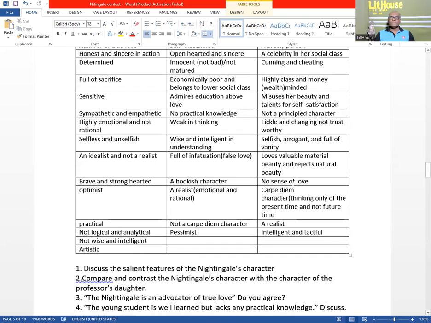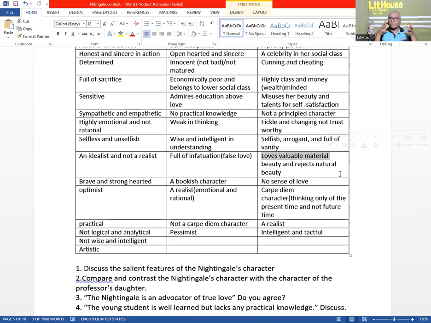Another quality. Loves valuable material beauty and rejects natural beauty. Yes. She loves beautiful dresses. She loves beautiful rich boys. She loves jewelry.